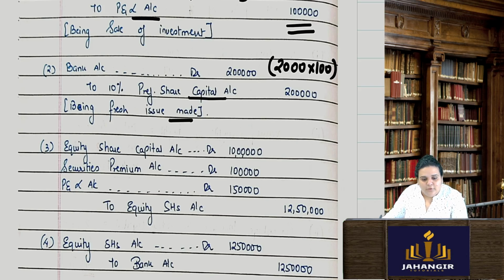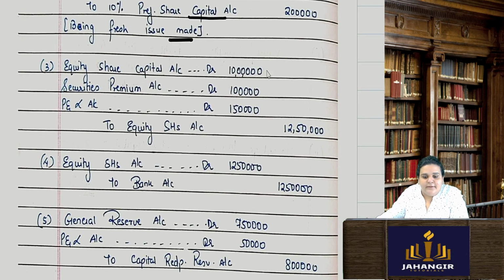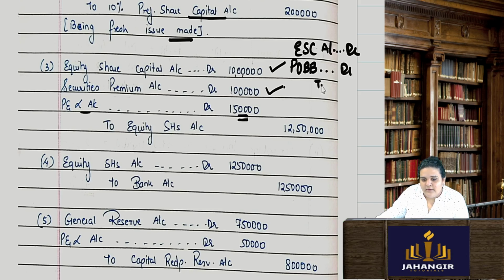Then we have the normal journal entry, equity share capital account debit. Then we have securities premium account debit. Okay. Also, I am going to use my P&L for this 1,50,000. Okay, so I could have either written equity share capital account debit, premium on buyback account debit, to equity shareholders.